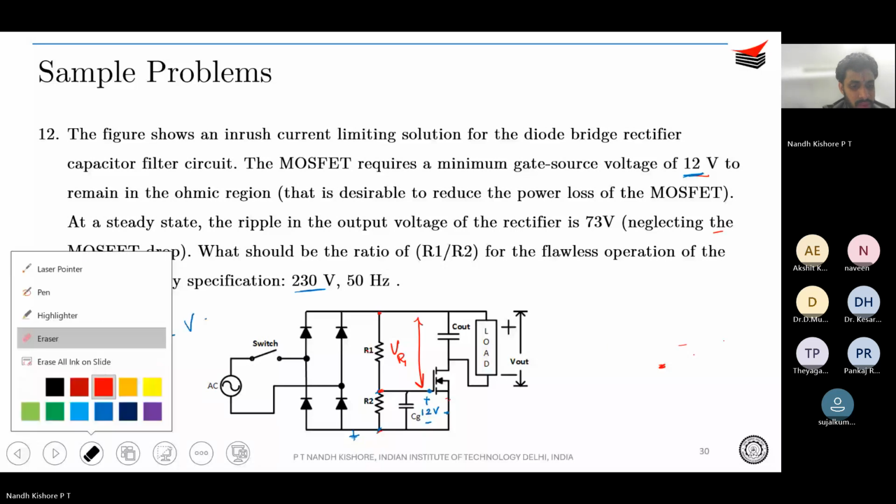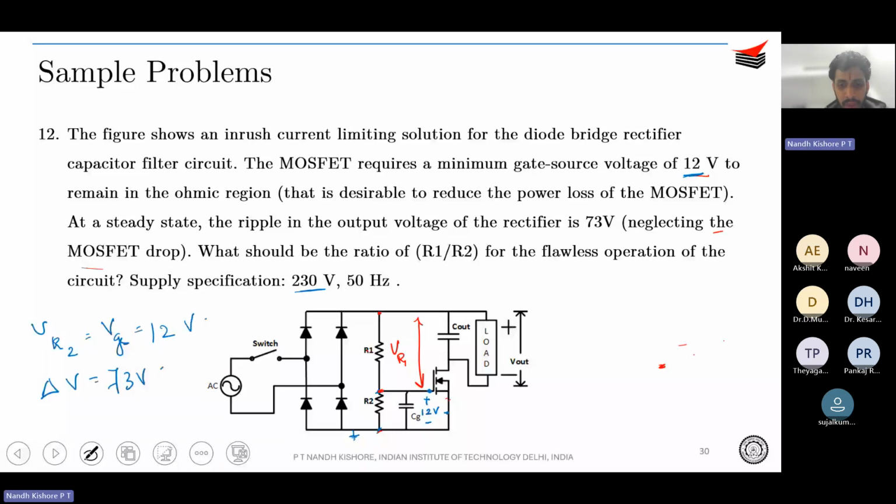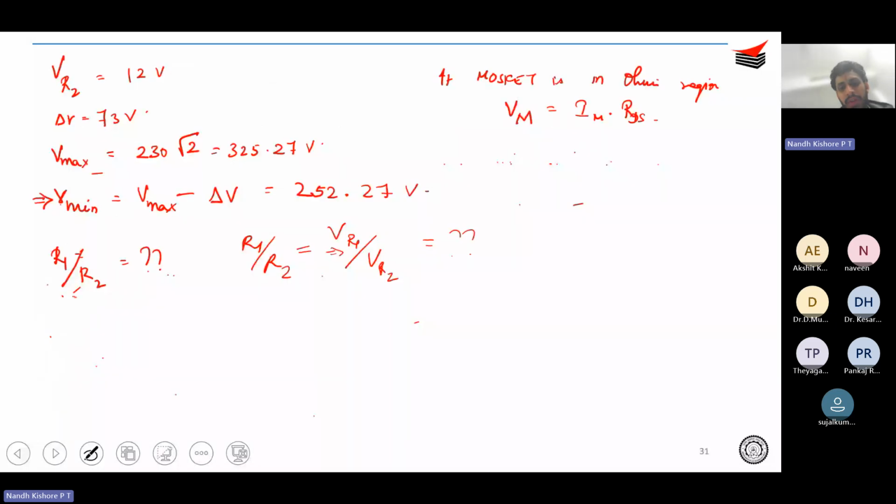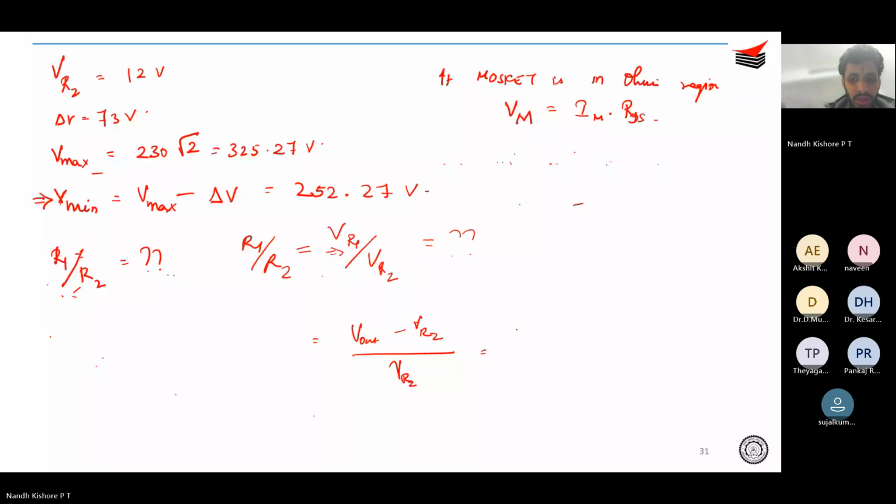So your VR1 will be equal to your V out minus VR2, and VR1 divided by VR2, correct? So your V out will be 252.27 minus 12, divided by VR2 again.